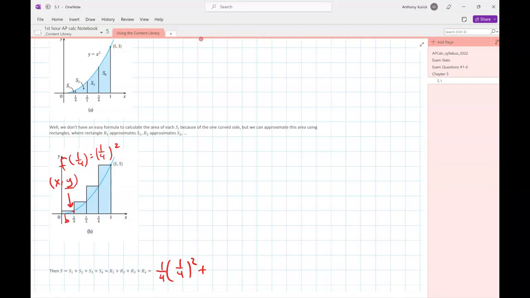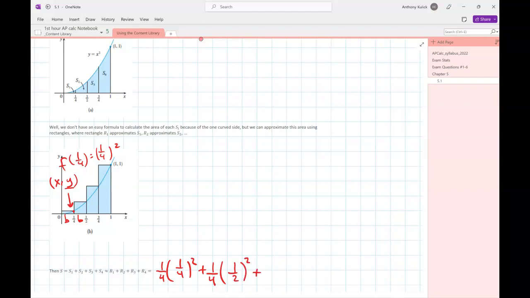What's the area for R2 going to be? It's still going to be 1/4 for the base, because we're going from 1/4 to 1/2. What's the height going to be? f of 1/2, which is just 1/2 squared, right?